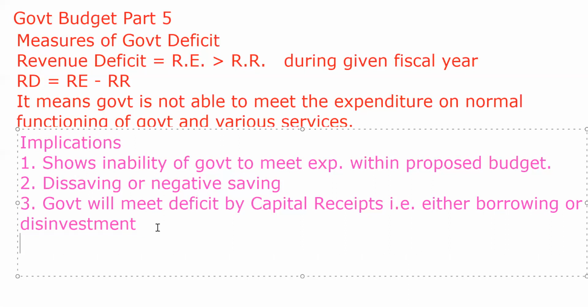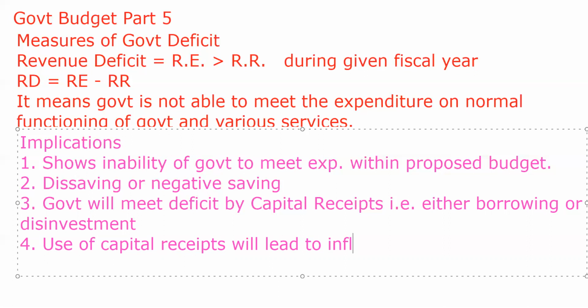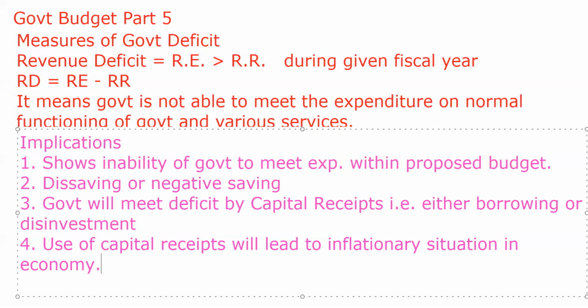Number 4, fourth implication. The use of capital receipts will lead to an inflationary situation in the economy.